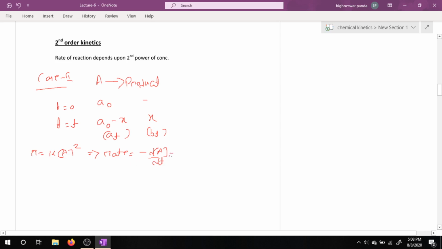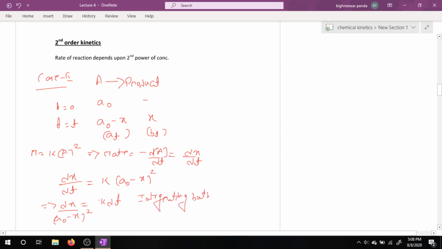For the change in concentration, I can write dx by dt is equal to k into a naught minus x whole square, or dx by a naught minus x whole square is equal to k dt. Then integrating both sides by taking limits.